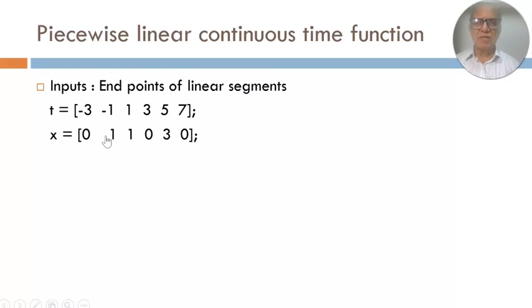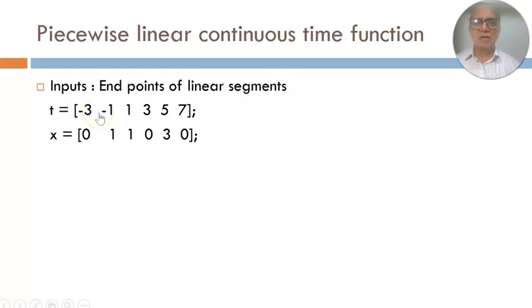So this is somewhat similar to what we did in the case of a discrete time function. Only difference is that there our independent variable was n, and these were all integer values. So the number of insertions that we had to do depended on how many total numbers we had here. If they were small, the number of insertions required were not very large.